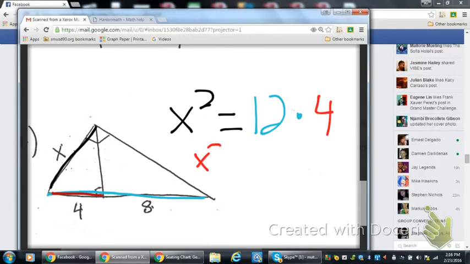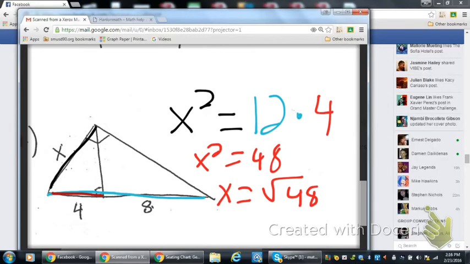So x squared equals 48. x equals root 48. And then we could simplify that in class together, but for now we'll just put root 48. I mean, officially it should be root 16 times 3. This is a perfect square, so we get 4 root 3, if you want to simplify the radical.